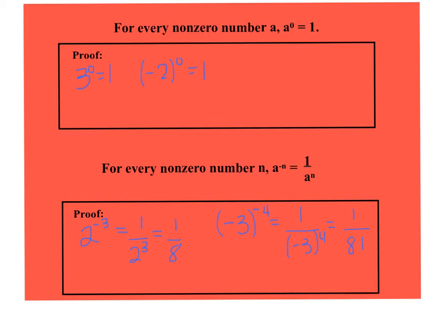And then remember what that means is that you are actually taking negative 3 times itself 4 times. And that's where the 1 over 81 comes from. And again, hopefully all of that was discovered in the proof activity that you did in Schoology.